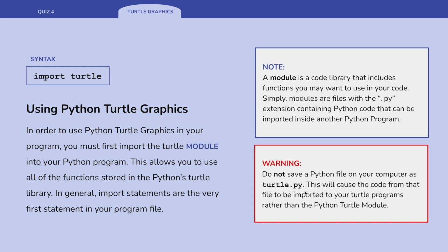If you do that, what's going to happen is your Python interpreter is going to assume that that is the turtle module and will import the code from that file as the module for the turtle graphics, which you probably have not written the Python turtle module on your machine. So if you're having an issue where something just isn't working, maybe just check to make sure you don't have a file with that name saved anywhere on your computer.